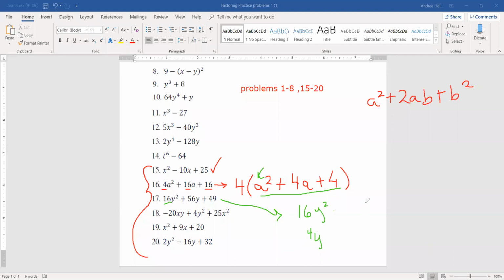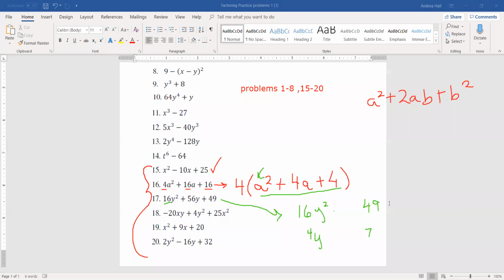The square root of 49 is 7. If I multiply 7 times 4, I get 28. And if I multiply that by 2, I get 56. So this is also a perfect square trinomial. Okay, so that's your hint for number 17.